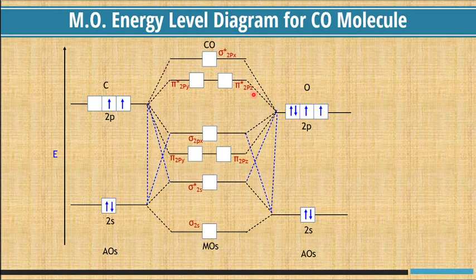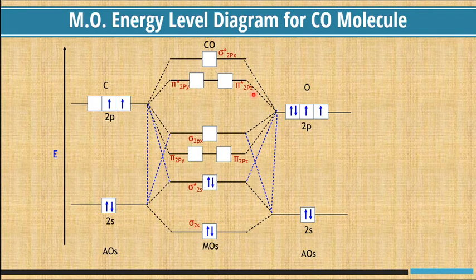The 2s electrons enter into the bonding molecular orbital sigma 2s and into the anti-bonding sigma star 2s molecular orbital, like this.